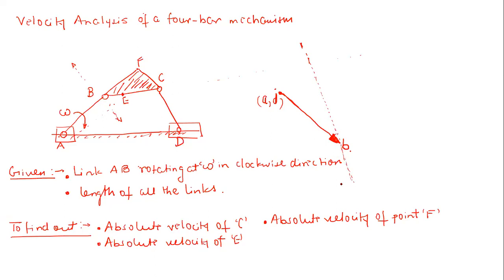You can draw this line with a very light hand, or simply draw it in a dashed manner. So now, what is the next step? We draw a line through this point B because we know that this VCB vector is perpendicular to BC, and we are trying to locate this point C.